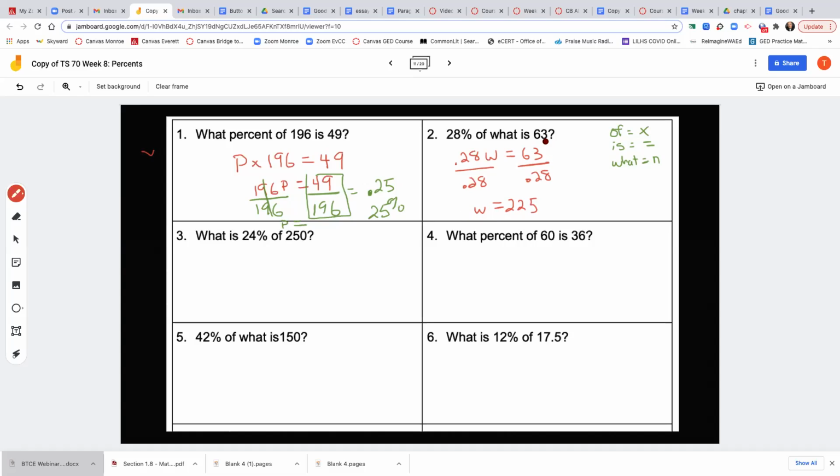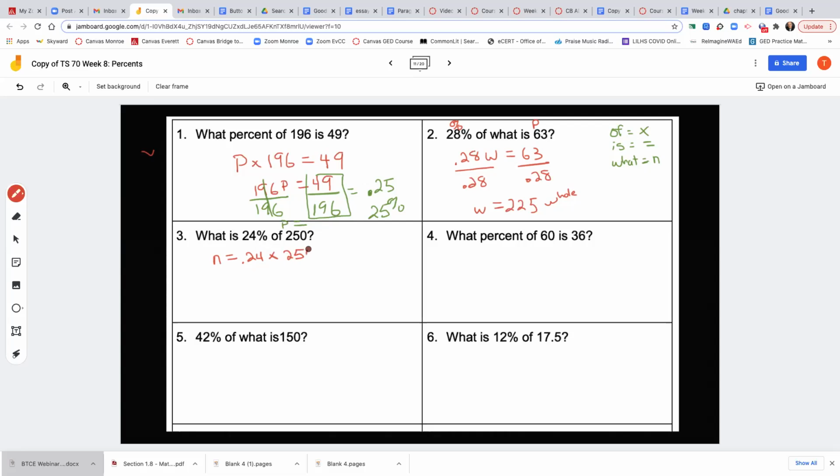And by the way, 63, if you were thinking back about the percent, well, here's the part, here's the percent here, and this is my whole here. Okay. Then I'm trying to find out, what is 24% of 250? They want to know what. This is the N equals 24, which is 0.24 times 250.